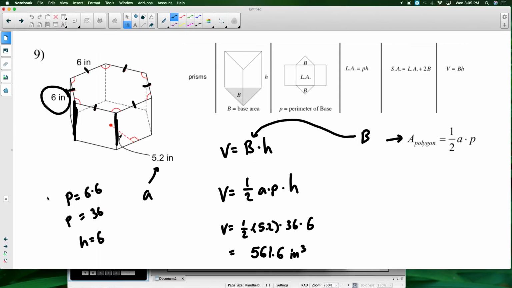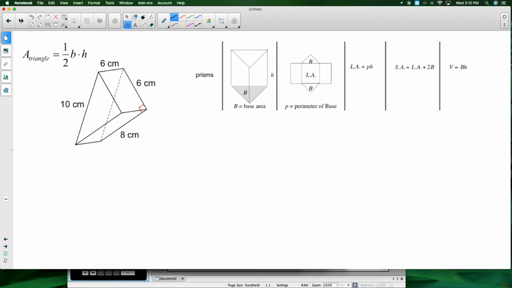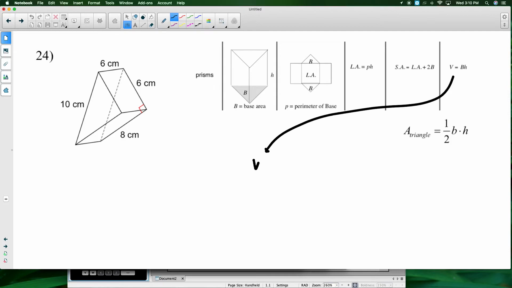Okay, our next one. So here we have a prism, but the base is a triangle, so we're going to be using the volume equals capital B times H. The base is a triangle, so that's going to be 1/2 little b, little h, and this is a different h, so I'm going to call that capital H for this problem.